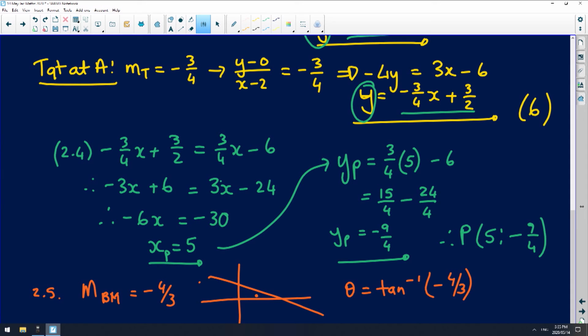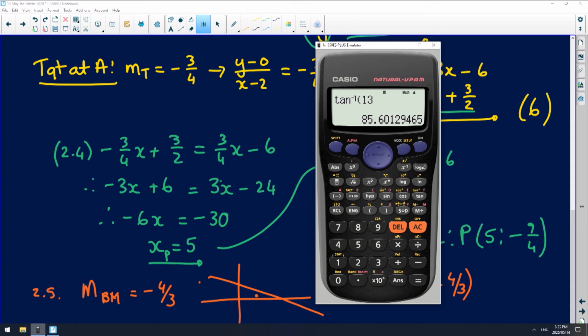Okay, now if I go to my calculator, the inverse tan of negative 4 divided by 3, I close my bracket, I get minus 0.023. If I add 180 to that, so that looks like it's very, very close to horizontal, minus 4 divided by 3.